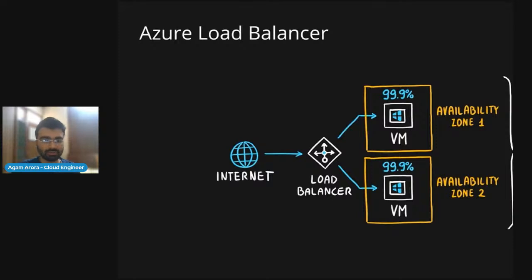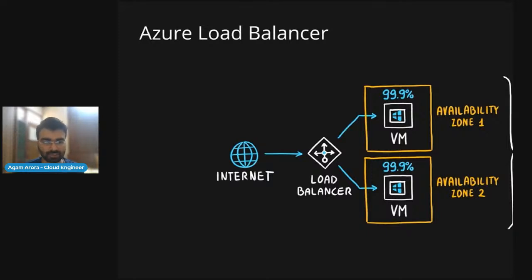What the load balancer does is that it makes sure the resource health is always available. What it means is that the virtual machine should not be in a dead state. It should always be available.